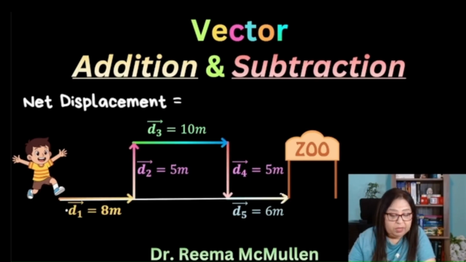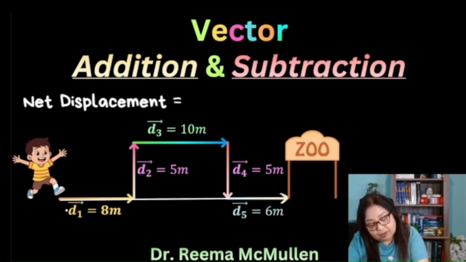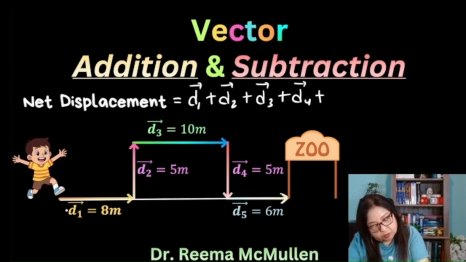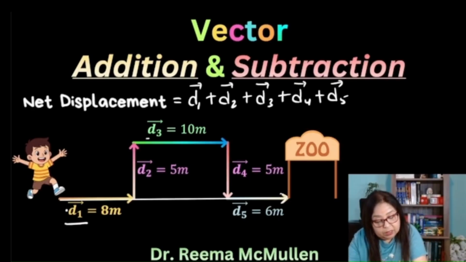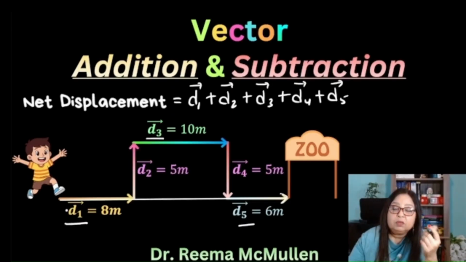To get this displacement, what we can do is add up all the individual displacements. And this is an example of vector addition. When we add all these individual displacements, D1, D3, and D5, these 3 are along east, so they are going to add up to each other.